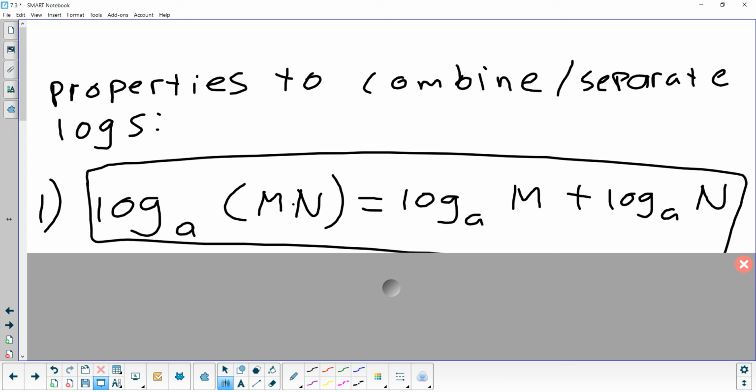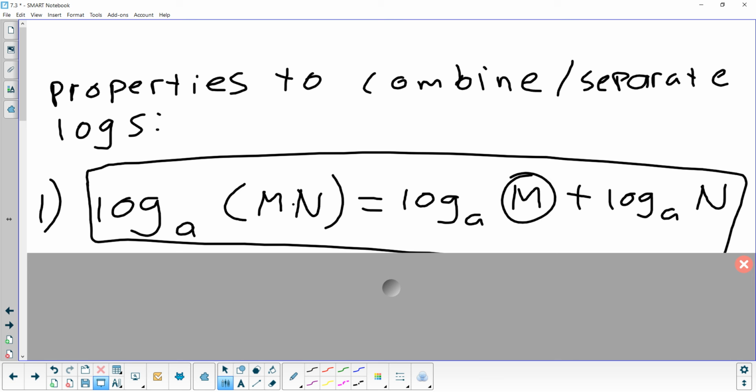So you can write log and log. The base on the original problem has to be the same base when you split it up. So the base stays the same the whole time. A, and A. If you have multiplication between 2 things in the argument, when you separate it, you put a plus sign. That's how it splits up. Multiplication turns into a plus sign.